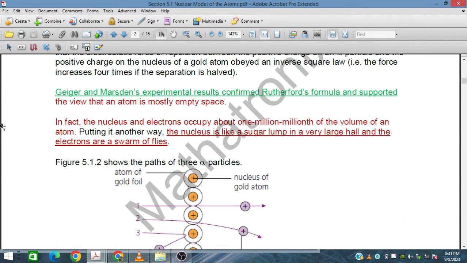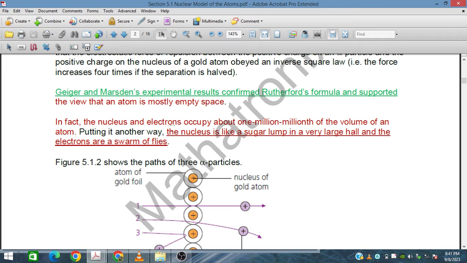So in fact, the nucleus and electrons occupy a millionth of the volume of an atom. The nucleus is very small compared to the atom. The nucleus is like a sugar lump in a very large hall.